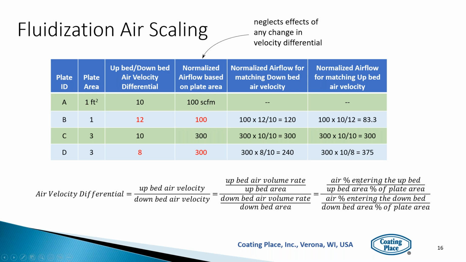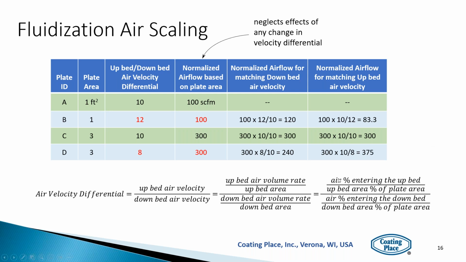So if you know the amount of open space in the up bed region and the total amount of open space in the plate, you can calculate how much air enters the up bed. The remainder would be going to the down bed, and that allows you to get the velocity differential. Be aware this is strictly based on area.